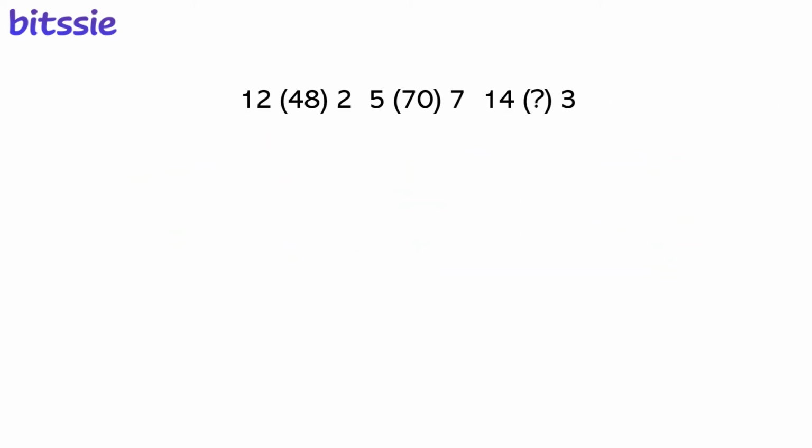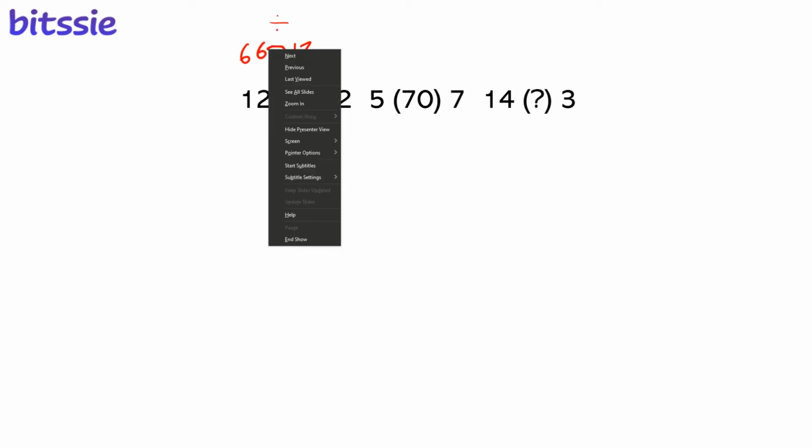Now let's look at question 5. And remember when I said that when we had 66 and in the brackets we had 12, we'd have to do a division, so that we could get from a large number to a small number.